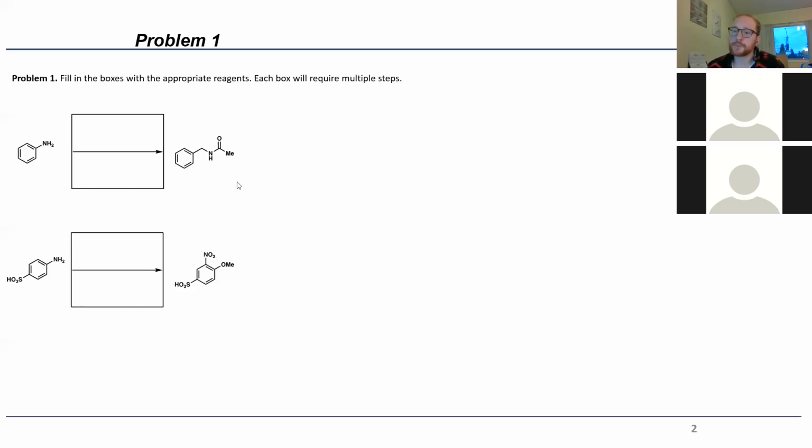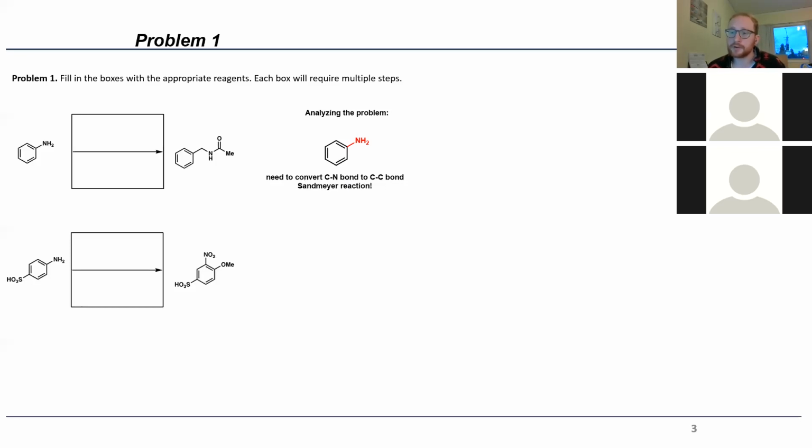So when we're approaching this first problem here, I think the very important connection we have to make is the fact that we're cleaving a carbon-nitrogen bond and instead forming a carbon-carbon bond. And so when we think about the cleavage of carbon-nitrogen bonds, and here we see in analyzing this problem, we have to convert the C-N bond to a C-C bond, we should always be thinking about the Sandmeyer reaction.